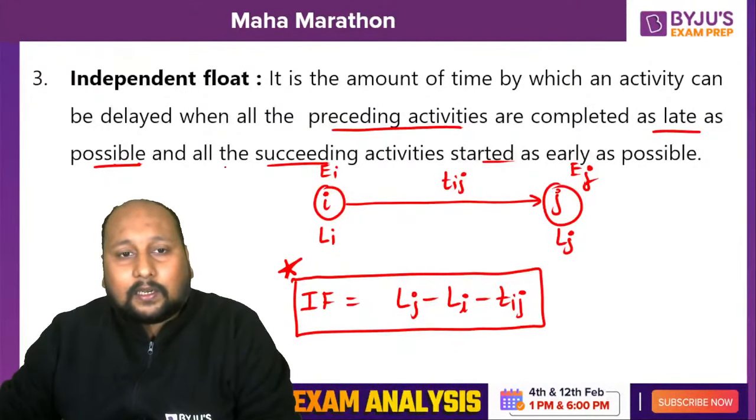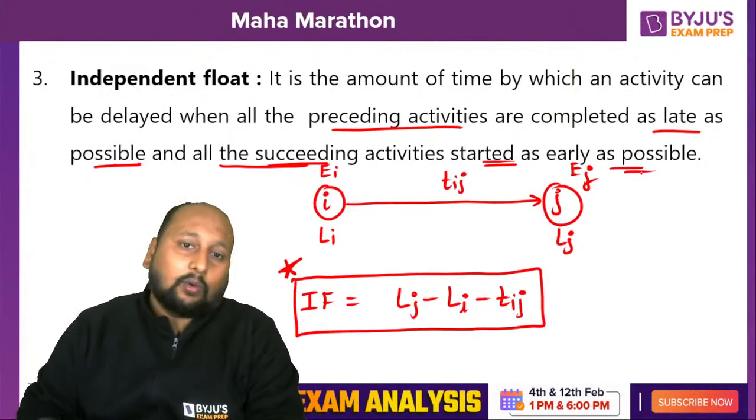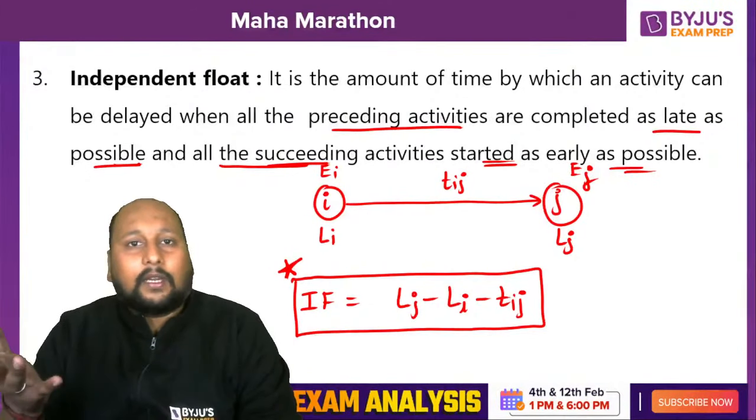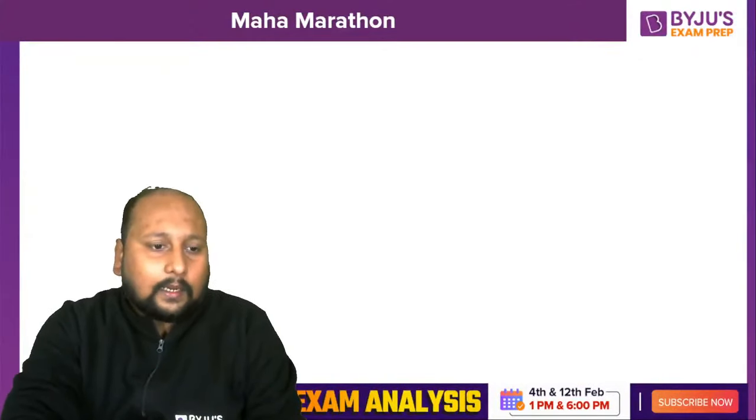And that is basically what is written: all the succeeding activities are started as early as possible. We can start a succeeding activity without having any delay. Okay, is this clear, Sujeesh?